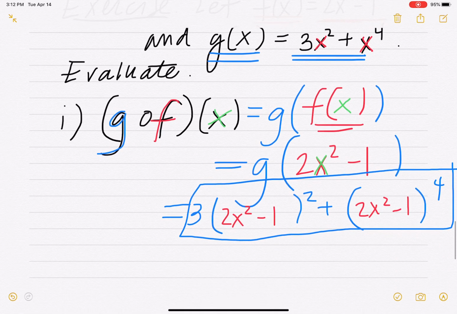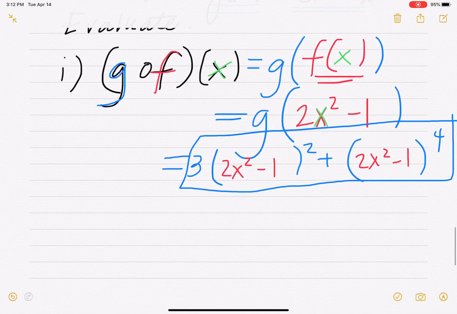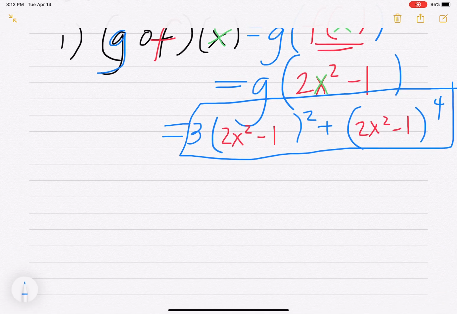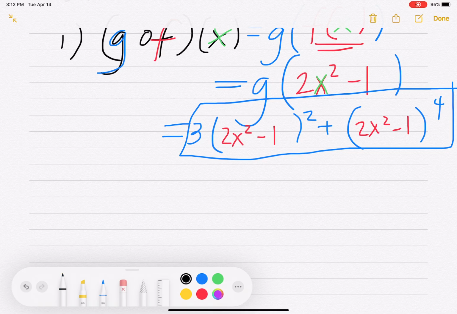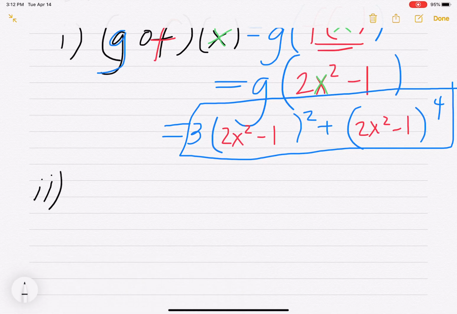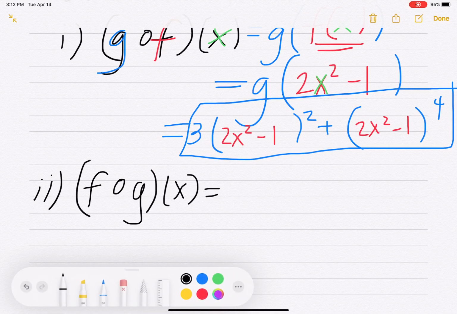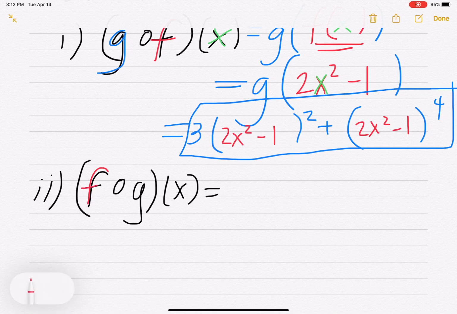Okay. Now let's do the other. Let's do F circle G of X. This will be our last example. This time we got the red one first, and we have the blue one second.